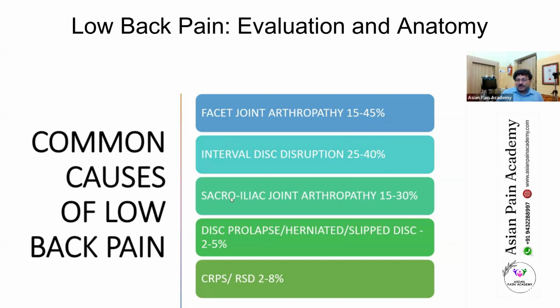Sacroiliac joint arthropathy constitutes around 15 to 30% of cases. Disc prolapse, herniated disc or slip disc, accounts for 2 to 5% of cases. CRPS or reflex sympathetic dystrophy, basically previously called CRPS type 1, constitutes around 2 to 8% of patients.